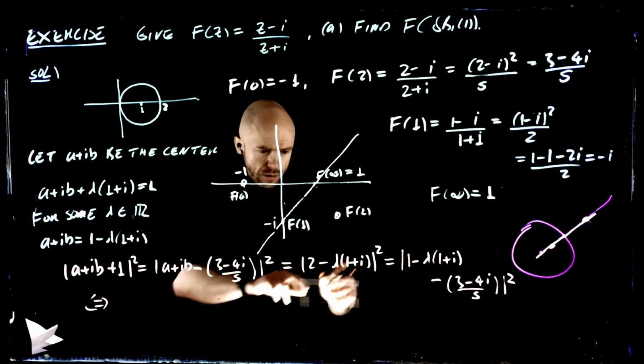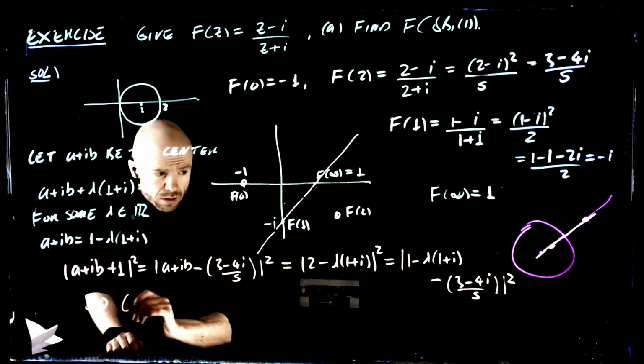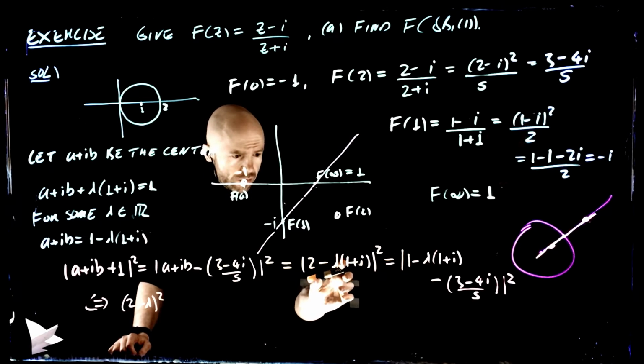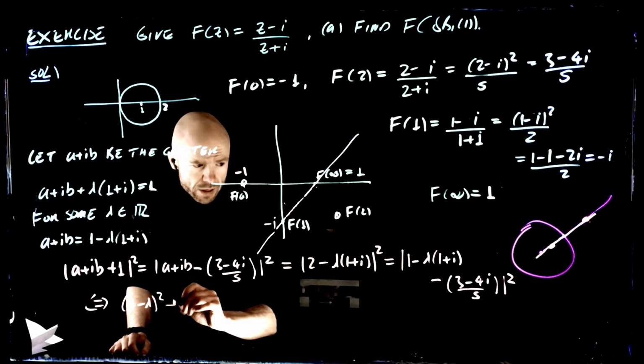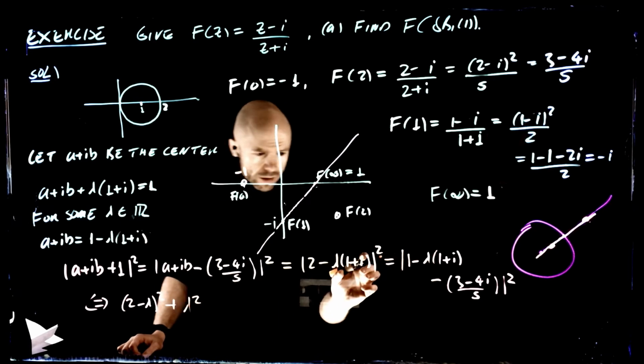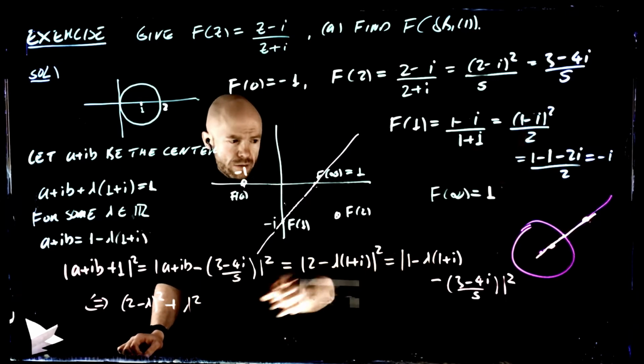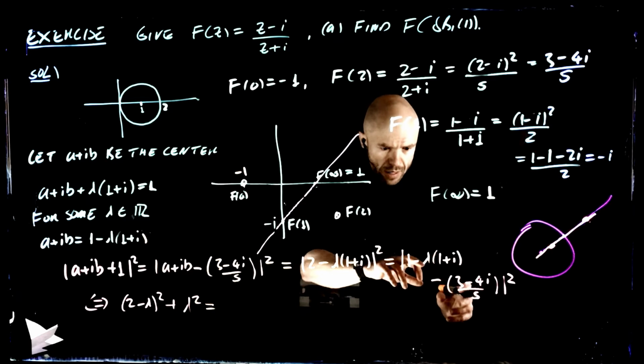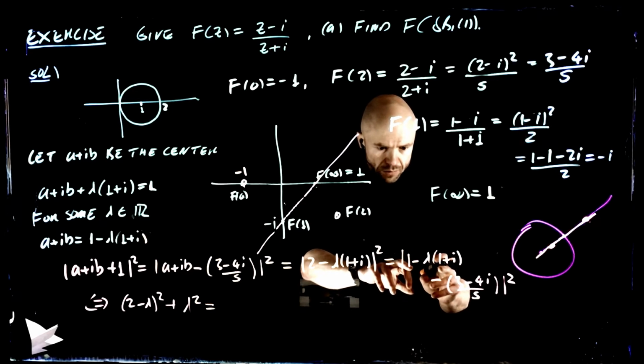Okay, let's do this. So when we have 2 minus lambda squared, taking the real part of this thing, and then plus lambda squared, which is this thing, right? And then that thing has to be equal to, let's take the real part of this.